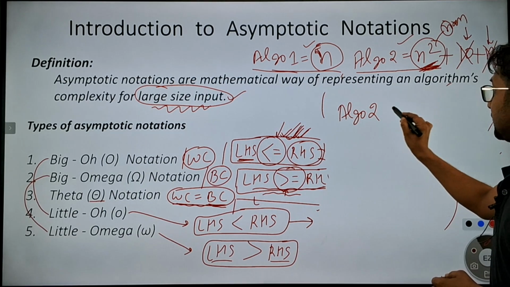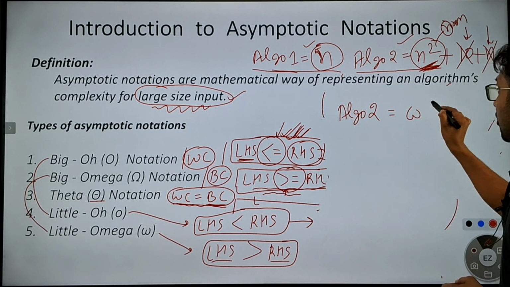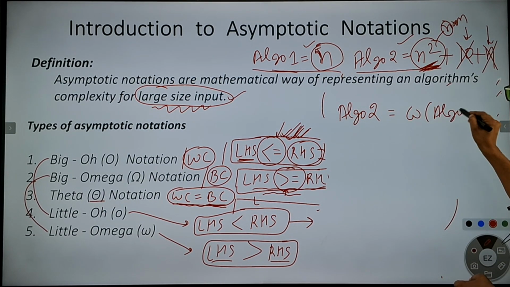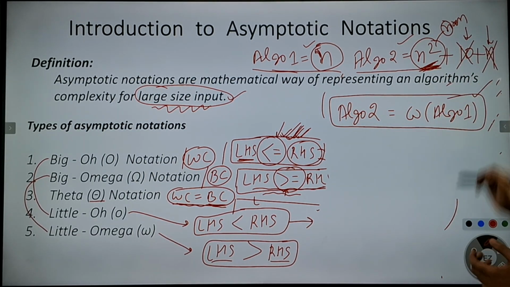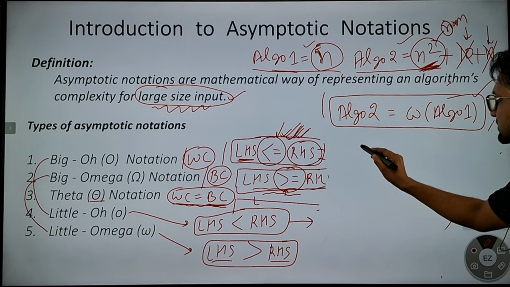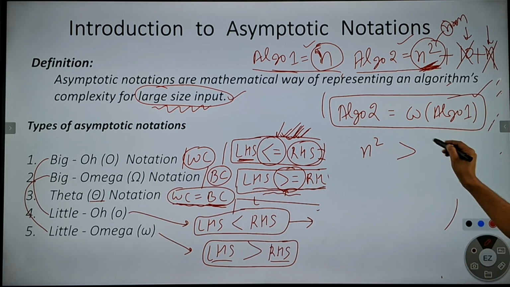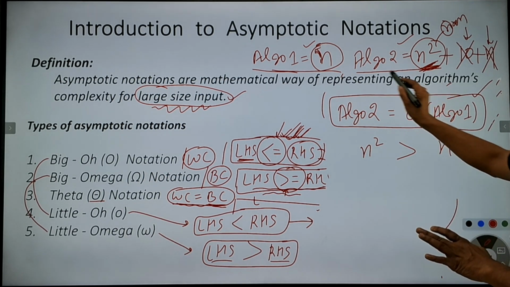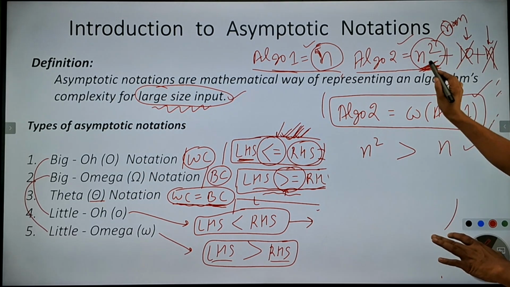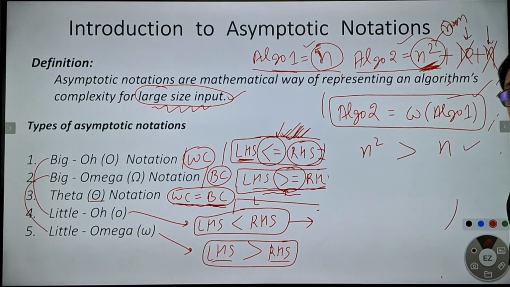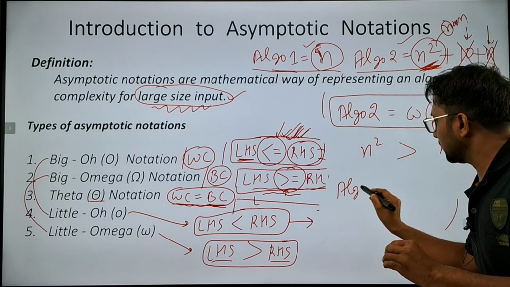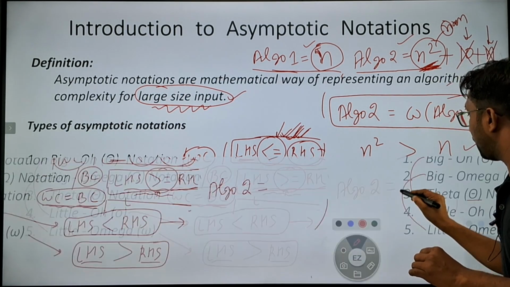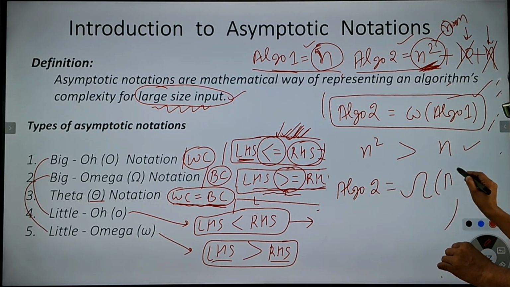Algorithm 2 is equal to small omega of algorithm 1. This statement is right. Yes, n square is strictly greater than n. I can represent the relationship between algorithm 1 and algorithm 2 by using big omega also. So let me write over here, algorithm 2 is equal to big omega of algorithm 1.